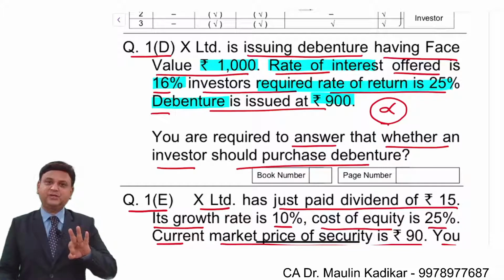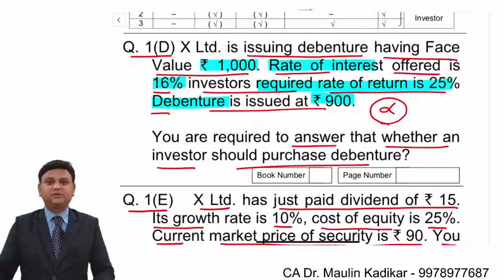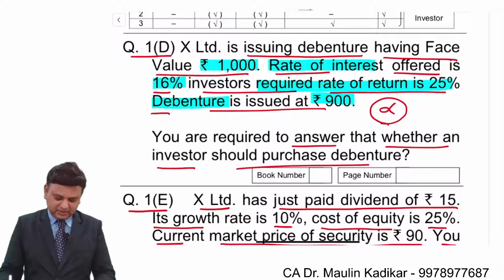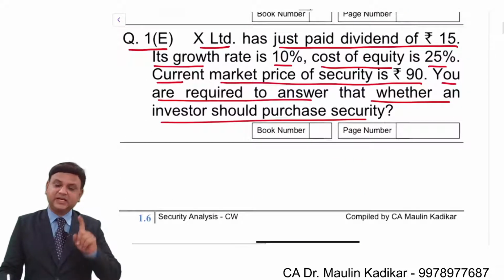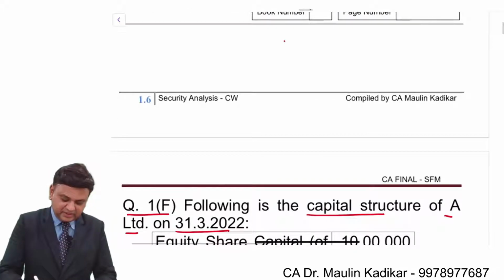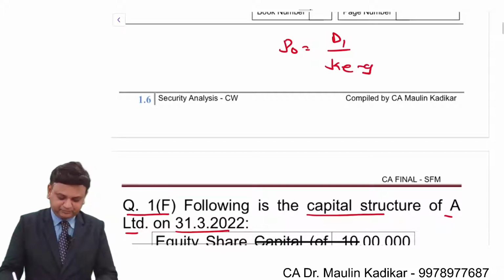The same kind of question by all the 3 methods is like the perpetuity question. 1E is again the same kind of question, perpetuity formula, wherein it is the dividend, so P0 divided by KE minus E.